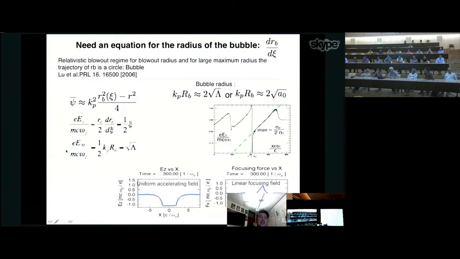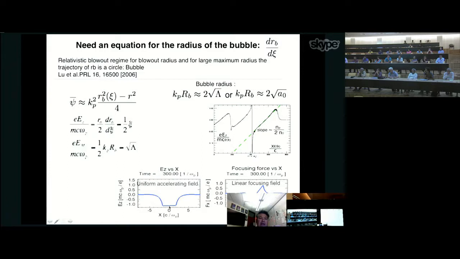Then you can get what the field is in terms of the square root of c, or the square root of the normalized ponderomotive potential. I know this is a lot to cover, but I think it's important to point out that inside of this structure, the accelerating field across the transverse direction is flat, which means that if you load a particle beam in here, they all feel the same accelerating field.